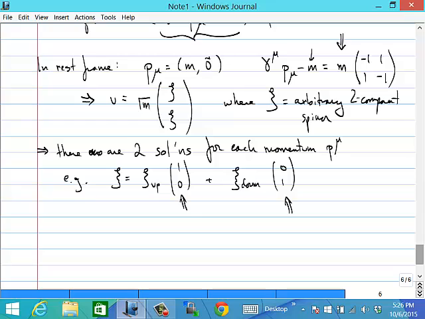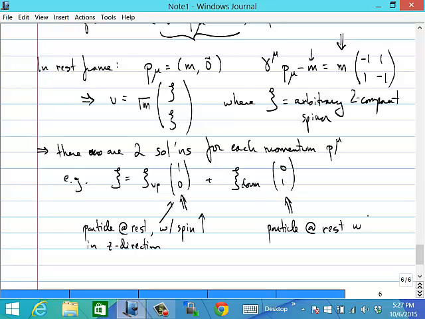So, for example, this solution here would describe a particle at rest with spin up in the z direction, so spin pointing in the z hat direction. And this would be a particle at rest with spin down, so with minus h bar over 2 spin in the z direction.